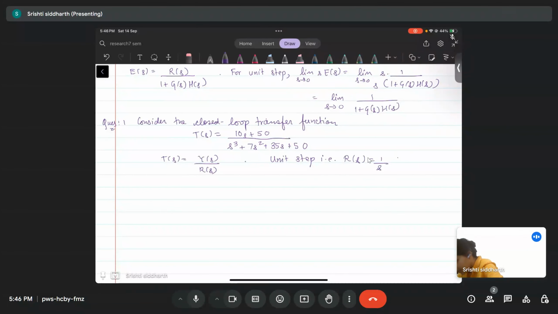Assuming a unity feedback system, the error E(s) is simply Y(s) minus R(s). You can write Y(s) as T(s) times R(s) minus R(s).